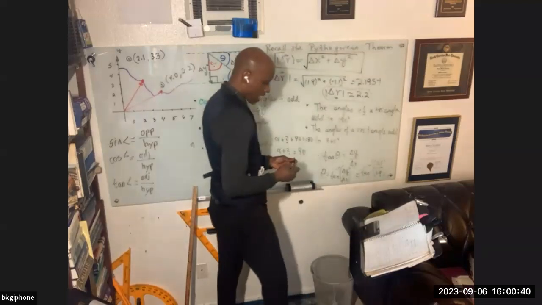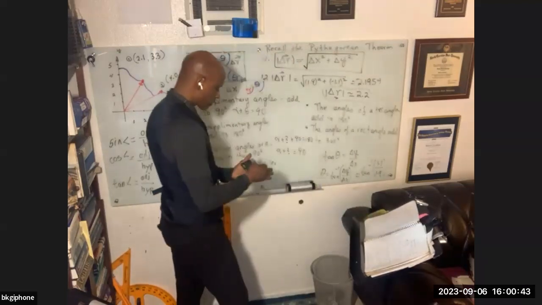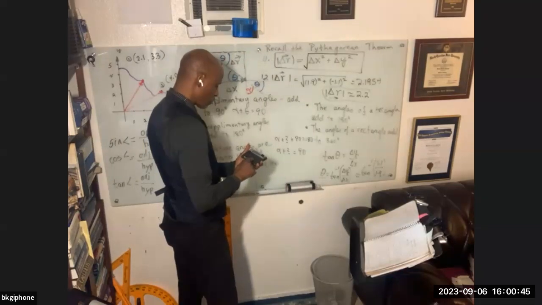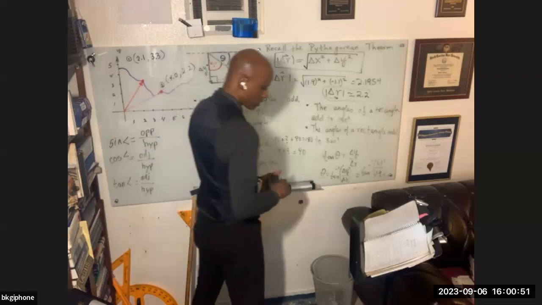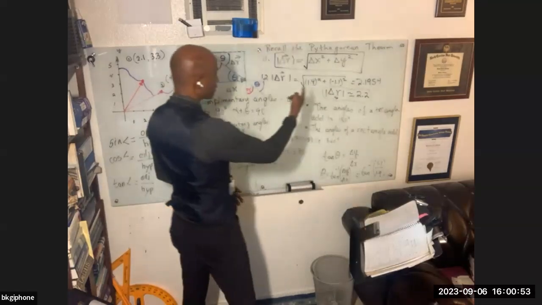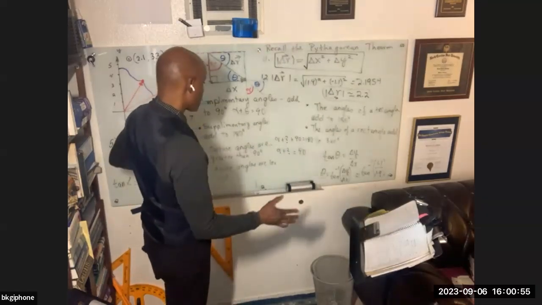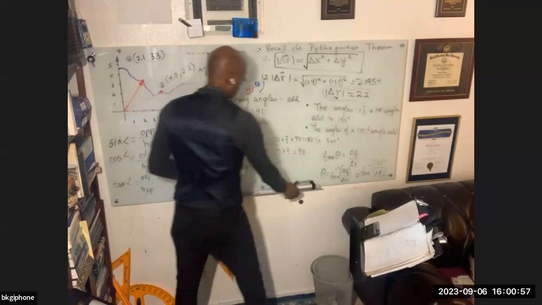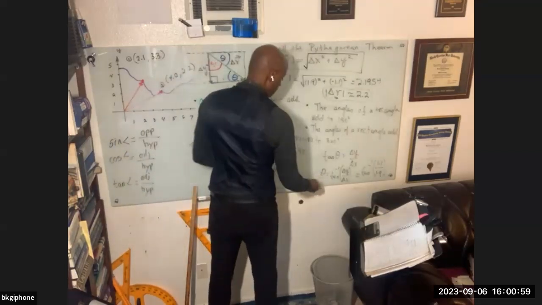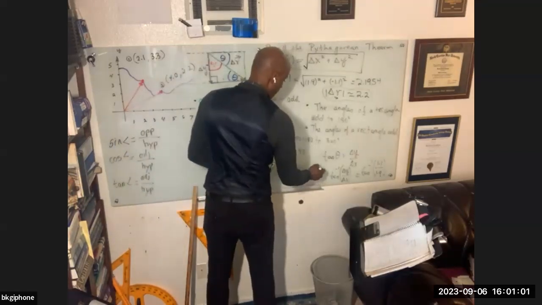If I work that out on the calculator, I get 63.3, rounded to 2 significant digits, which is what I'm taking. It's approximately 63 degrees. So theta is approximately 63 degrees.